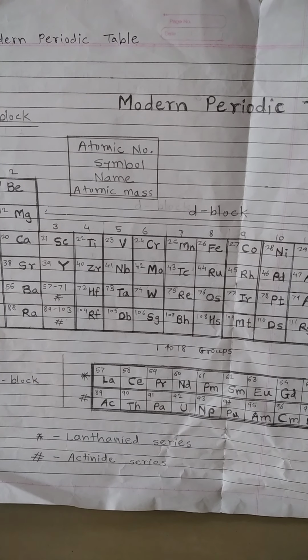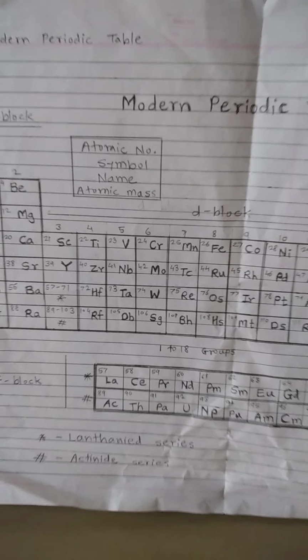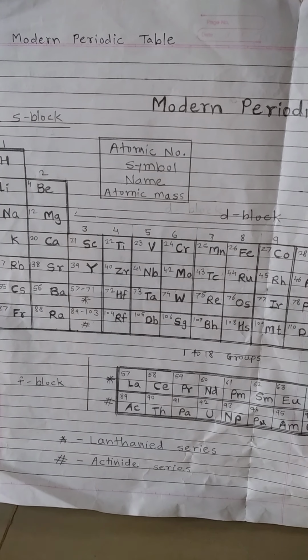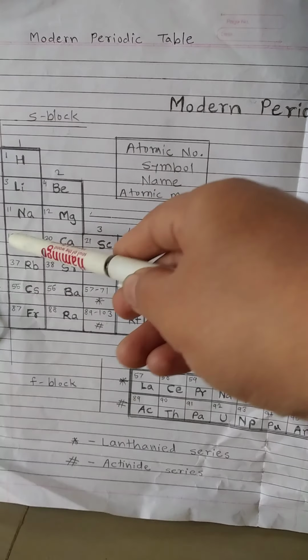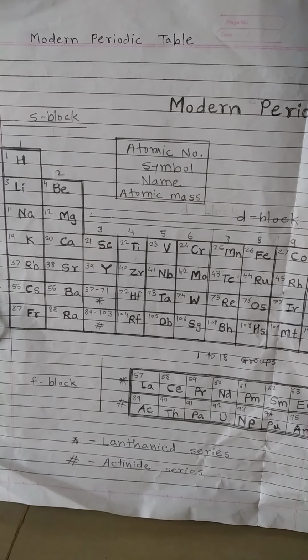The modern periodic table contains 7 horizontal rows called periods. Similarly, the 18 vertical columns in this table are the groups 1 to 18.